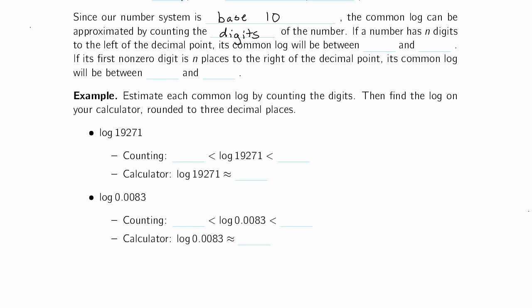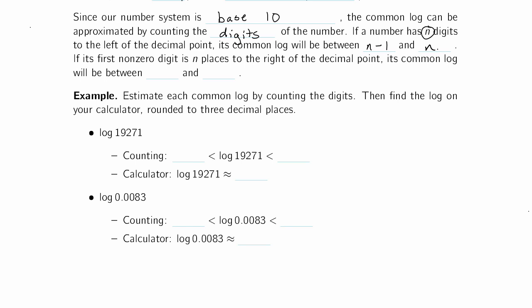Specifically, if we have a big number, a number that's more than 1, we can count its digits. If the number of digits just to the left of the decimal point is n, its common log is between n minus 1 and n.